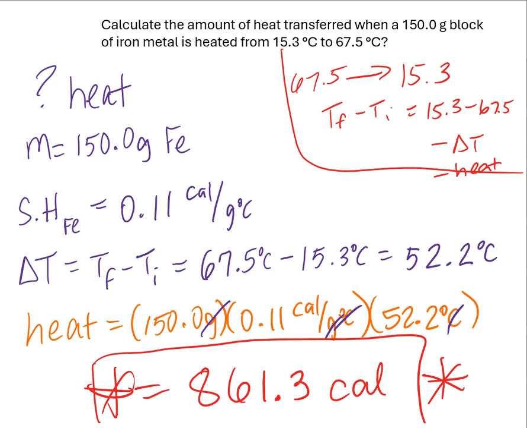Based on the values that we were given, we were provided the 150.0, 15.3, 67.5. You also have to think about the last mathematical operation that was performed, and that then determines how to report your answer. So if I wanted to report it with the rules of significant figures, I would simply report it as 861 calories, but you can leave it 861.3, and that's acceptable as well.